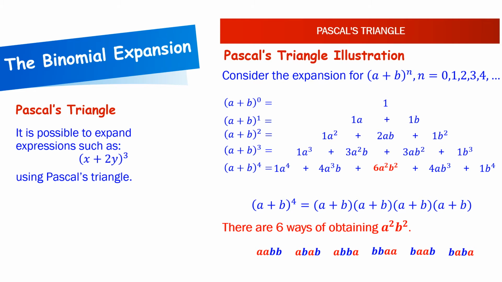So there are 6 ways of obtaining a squared b squared, or 6 ways of arranging AA, B and B.